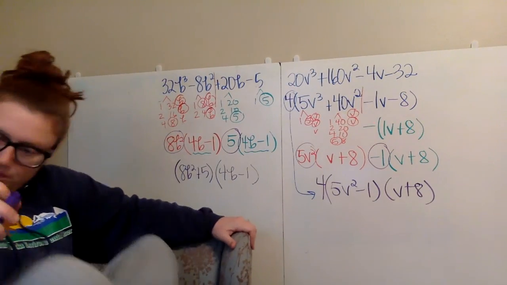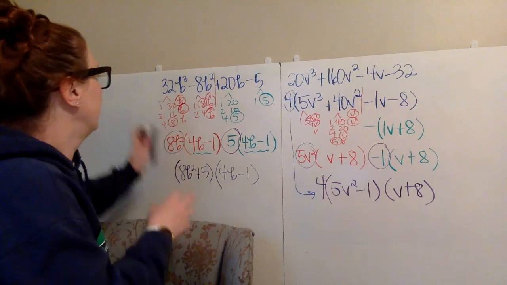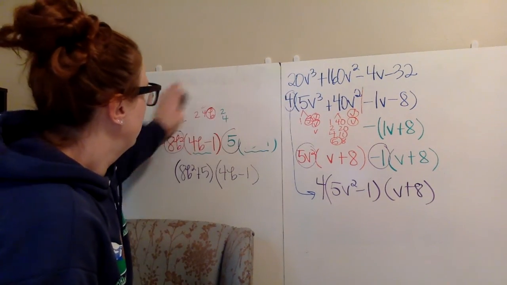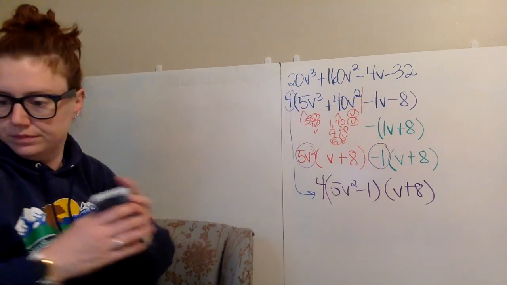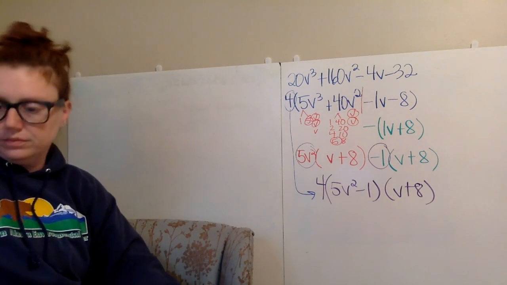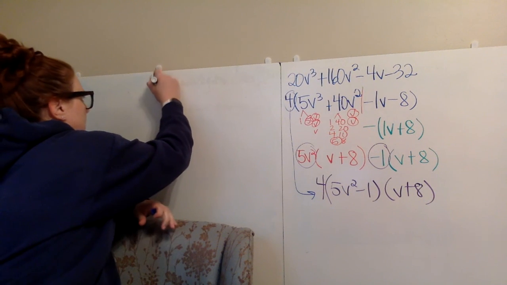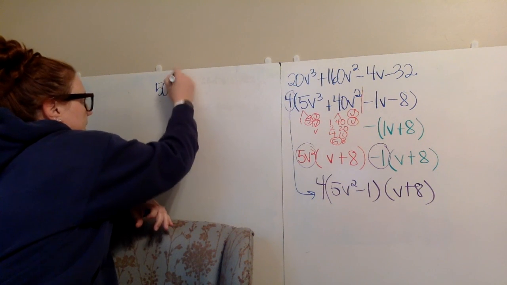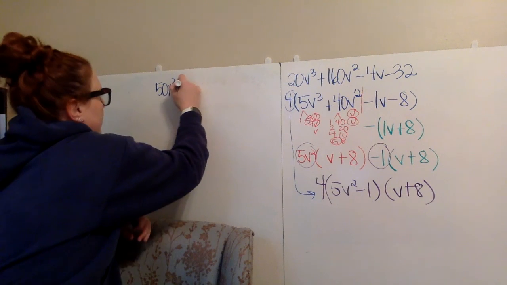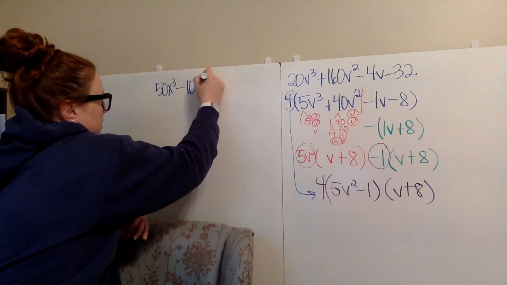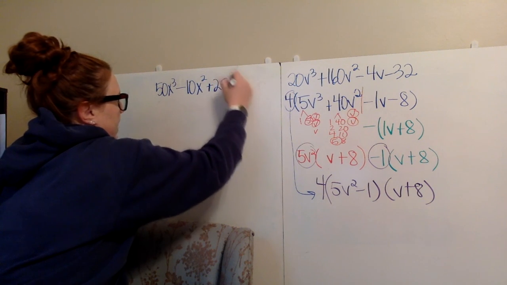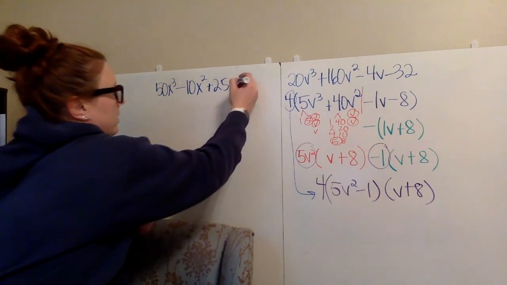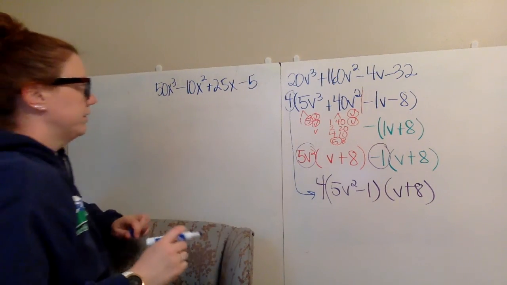Let's do one more. 50x to the third minus 10x squared plus 25x minus 5.